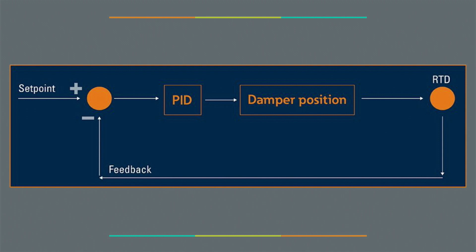Drew, if you could please pull up the diagram. Since Jessica, you did ask this before, we did put together a little diagram for you to help this make a little more sense. So this diagram is actually the control loop used to control the temperature of a room using damper control.